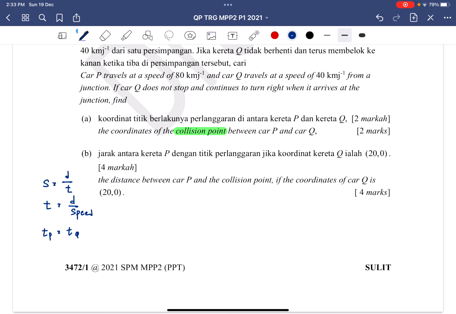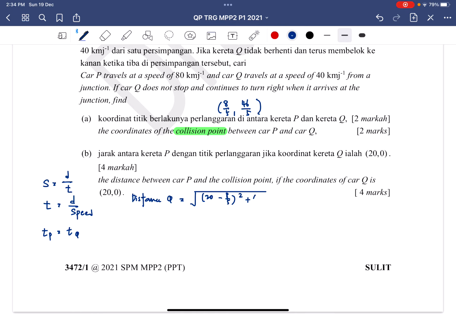So at first, I need to find the distance of Q. So the distance for Q will be equal to the square root of the distance of Q to the collision point. The collision point we have now obtained is 8/5 and 46/5. So I will just use the distance formula, which is the square root of (20 - 8/5) squared plus (0 - 46/5) squared.